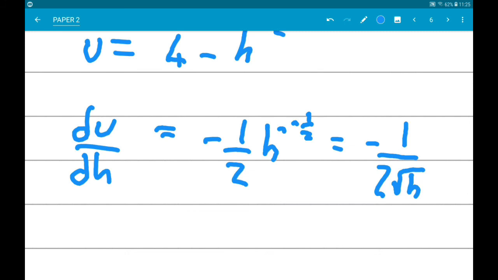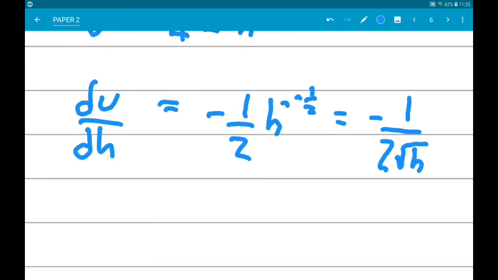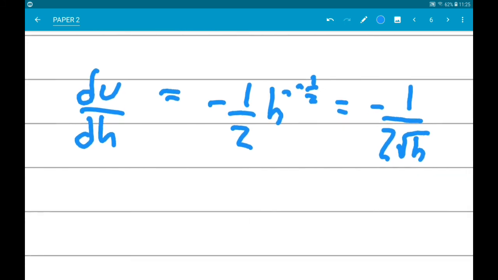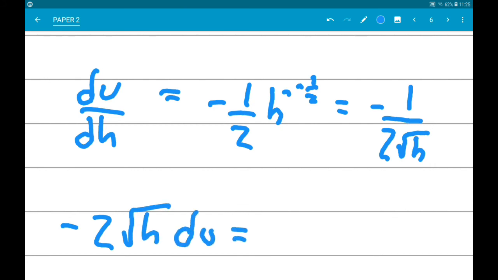So we can get then that minus 2 root h du is equal to dh.